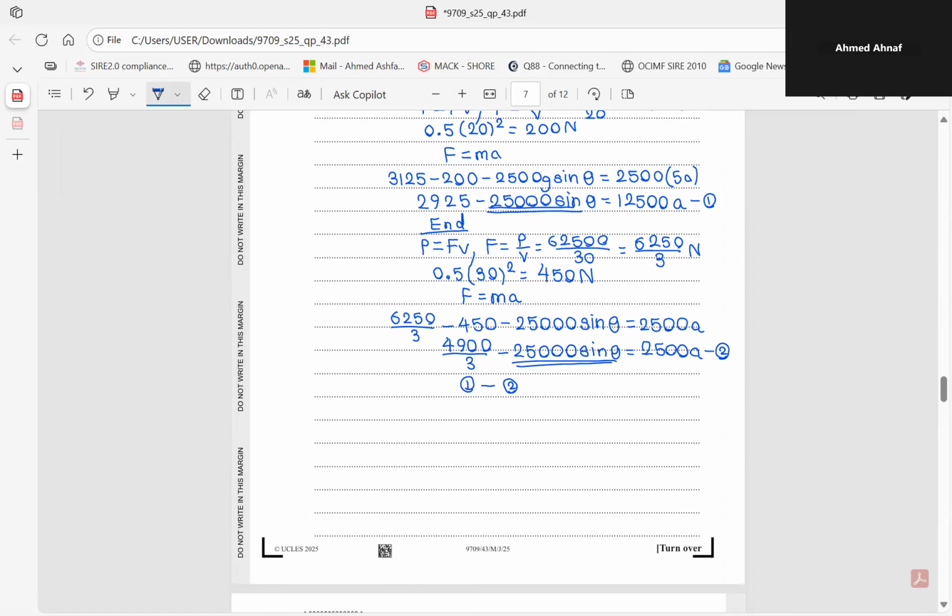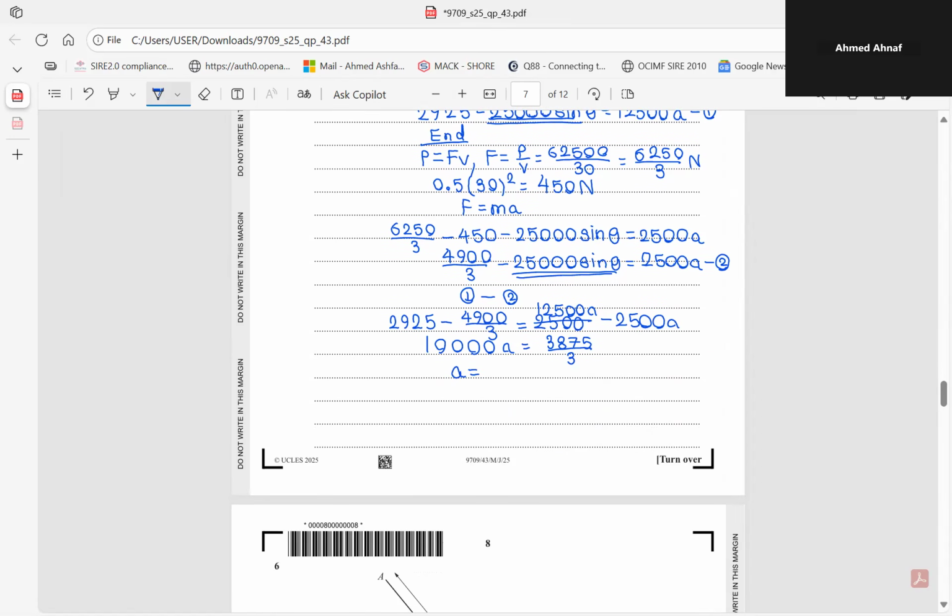So this would give us 12,500 A minus 2,500 A. So this is going to be 10,000 A equals 2,925 minus 4,900 over 3, which is 3,875 over 3.